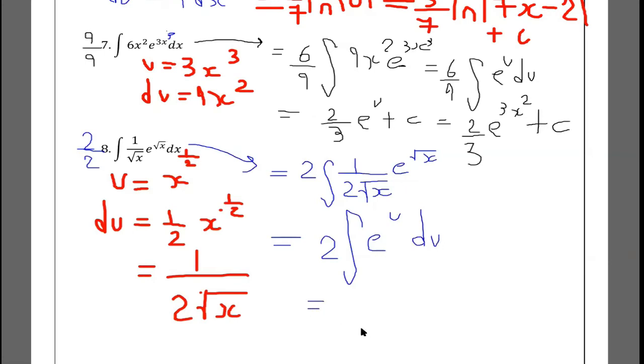So it becomes 2 times e to the u plus your constant of integration, plus c. But then what was u? u was root x. So the final answer is 2 times e to the root x plus c.